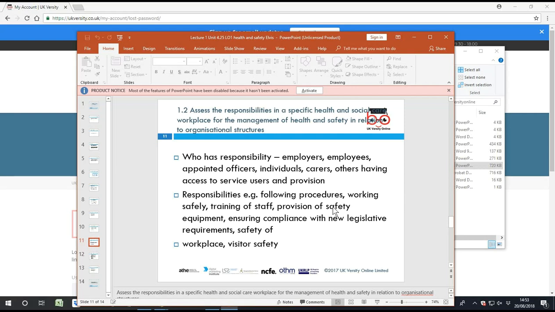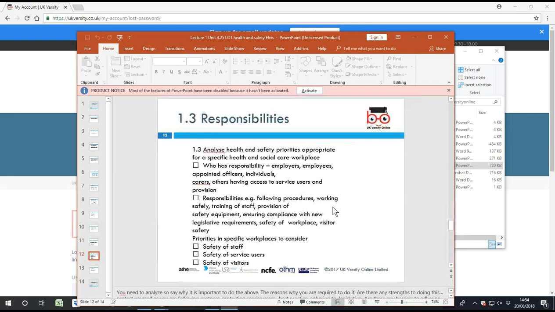In the same way, in the health and social care setting, all tools and equipment that will ensure health and safety of staff working there, as well as residents or patients, should be provided, so as to make sure that there will be smooth implementation of the health and safety policies and procedures in the workplace. The next slide still looks at who has the responsibilities.